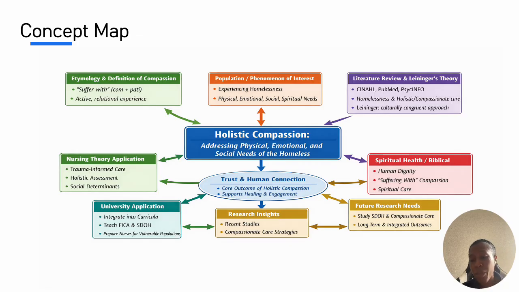So, for each component, from the origins of compassion to the lineage's theory, the FICA tool, and evidence-based nursing practice, they all connect through the central theme of trust and human connection, emphasizing that compassionate care goes beyond symptoms to honor the whole person within their social and spiritual context.